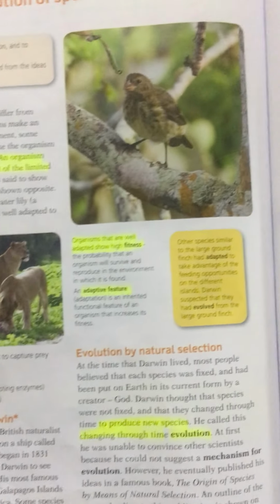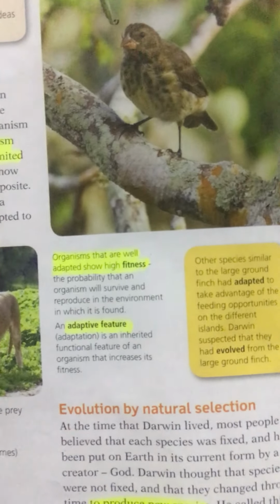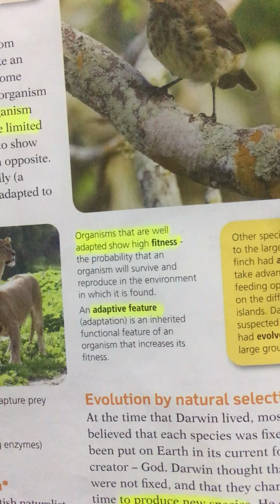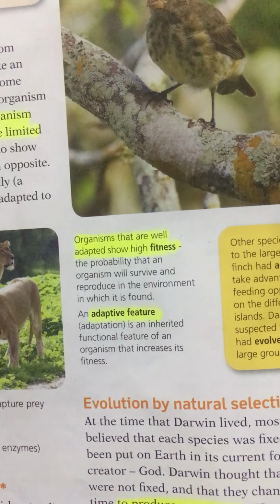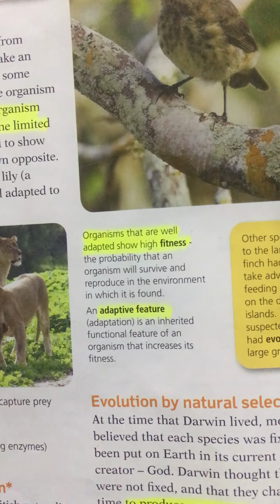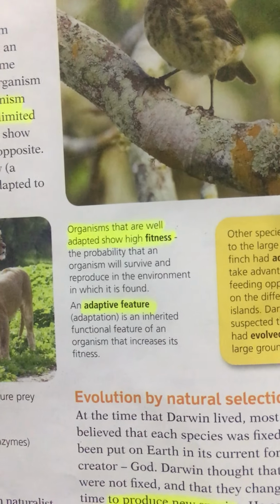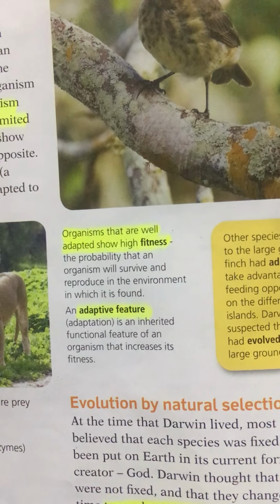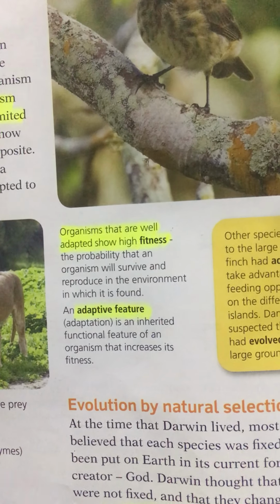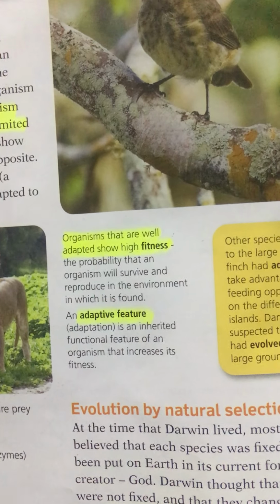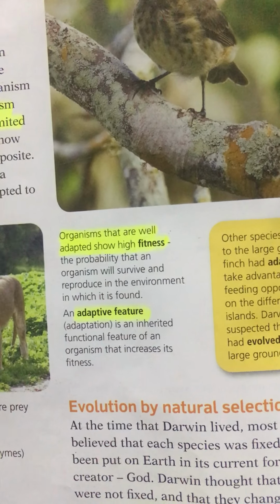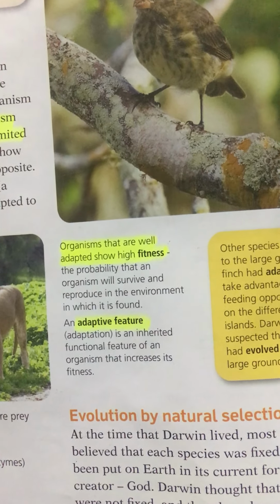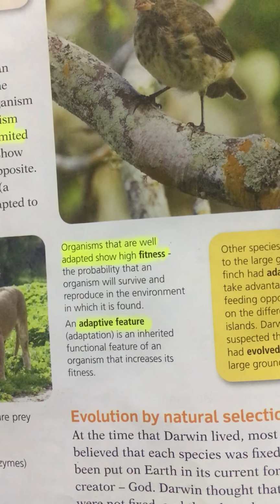Now let's go to the adaptive feature. Actually, before defining adaptive feature, we have to understand what high fitness is. What do you mean by high fitness here? Actually, organisms that are well adapted show high fitness. So when the organism is well adapted to live in the environment, it has high fitness.